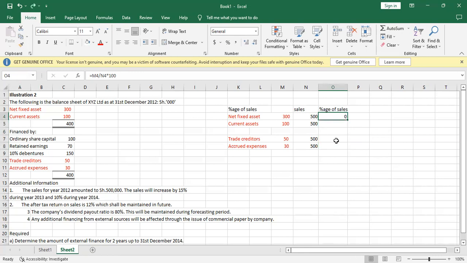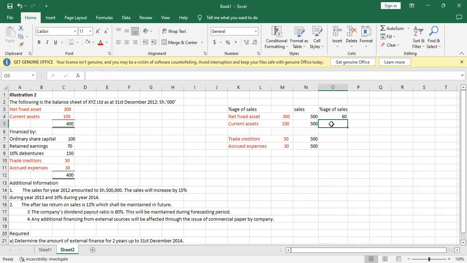Did I do the right thing? So to get the percentage, it will be 300 million over 500 multiplied by 100%, right? So that will give me 60%.